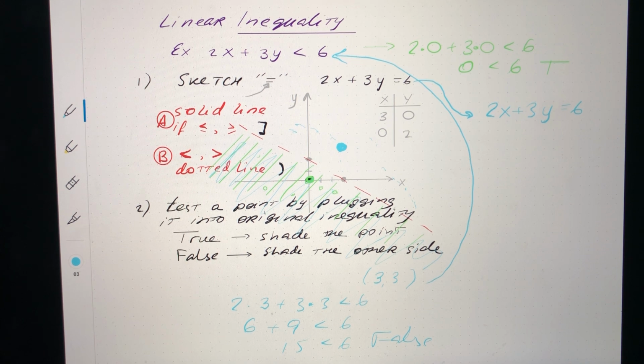To get y by itself, let's subtract 2x from both sides. That makes 3y is 6 minus 2x. To undo multiplication, all I need is division by 3. And so my y is 6 minus 2x, all of it divided by 3. That's all I need for the calculator.